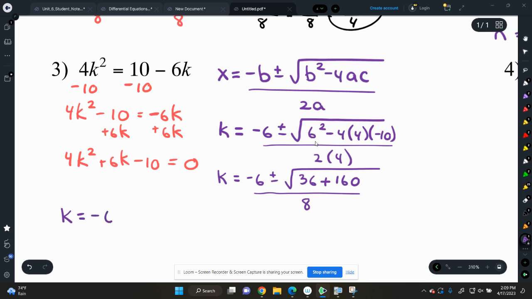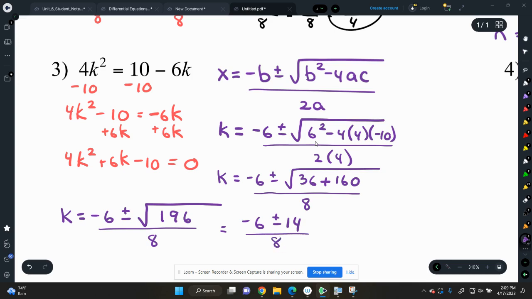k equals negative 6 plus or minus the square root of 196 over 8. Now we know the square root of 196, right? 14, good. Okay.